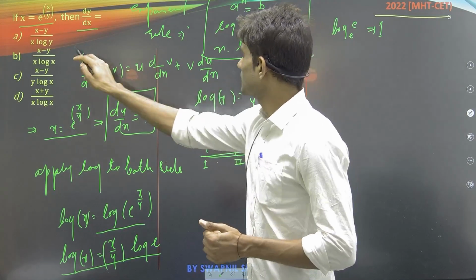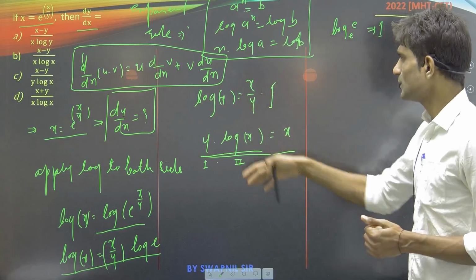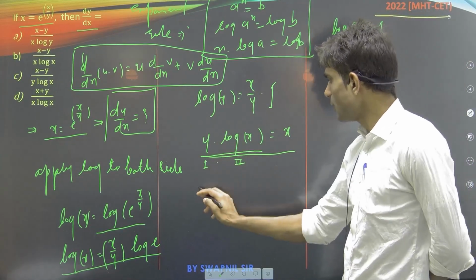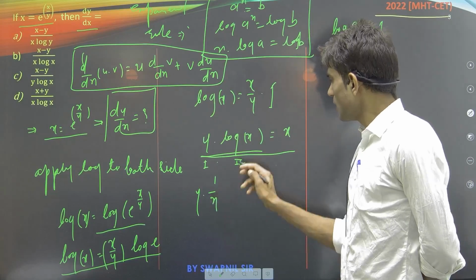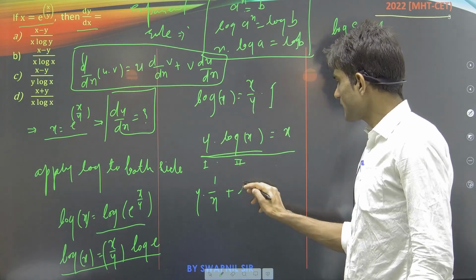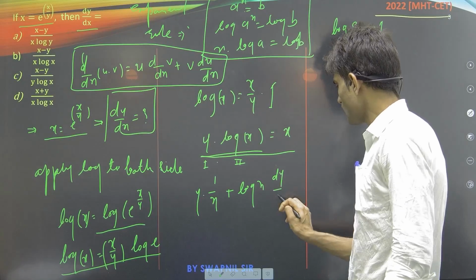So apply this rule here. First function, keep y as it is, differentiation of log x which is 1 upon x, plus log x kept as it is, second function, differentiation of y which is dy by dx.